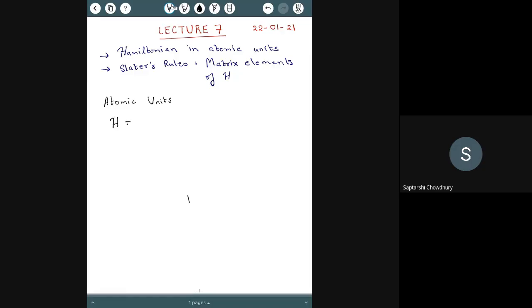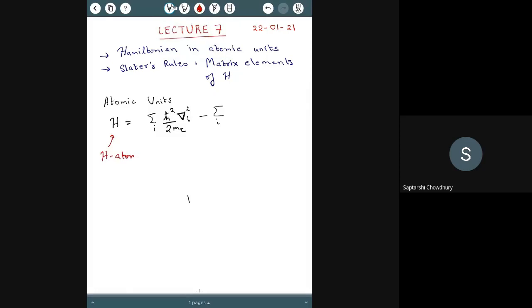Okay. So the Hamiltonian is written. This is the many-electron Hamiltonian, and we have this. Let me just write it for the hydrogen atom, so that helps me write fewer terms.